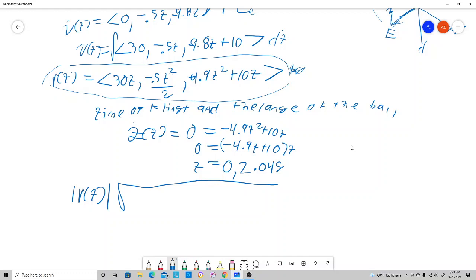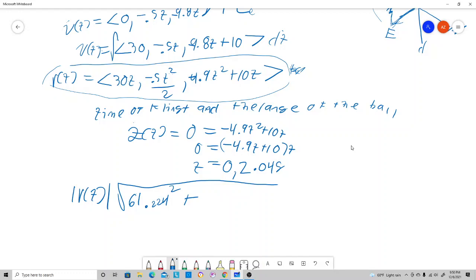So we can do 30 times 2.04, and we have 61.224 squared, plus, now we plug it into our other equation, negative 0.5 times the time that was given squared divided by 2.